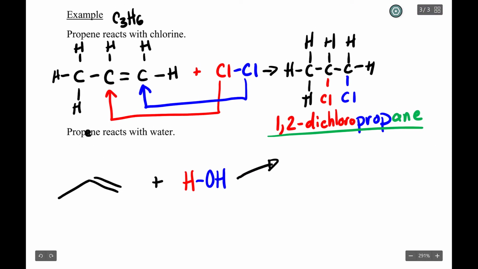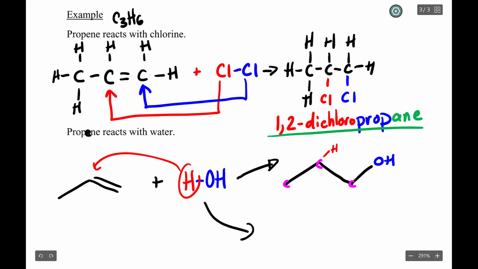Okay, we could have the hydroxyl group add to the very end. So I could have the OH group here. And just so you can visualize it, I've got a carbon here, carbon here, carbon here. The OH is there. That means that this hydrogen would then be added there. And so this hydrogen would be there. Okay, so that's a better way of visualizing it.